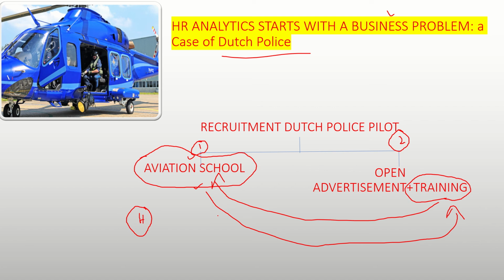People from civil aviation went to the police because it was fun to fly police helicopters. So they joined the Dutch police because they found it was fun. They didn't come for a career.